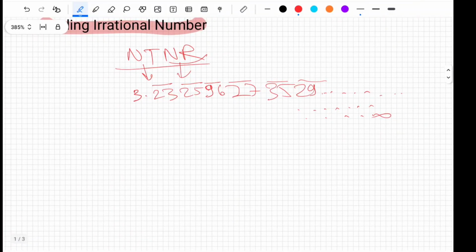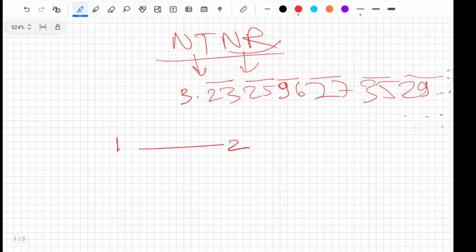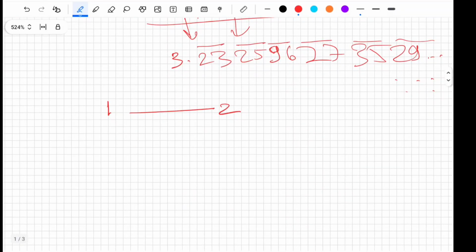So how will you calculate an irrational number between two numbers? That's very easy. Let's say you want to calculate an irrational number between 1 and 2. From the definition we know that irrational numbers are non-terminating and non-repeating in nature. So let's say this example. Is this number between 1 and 2? Yes. Any number which is added is all between 1 and 2, because we are taking 1.1, and you can randomly put any number.